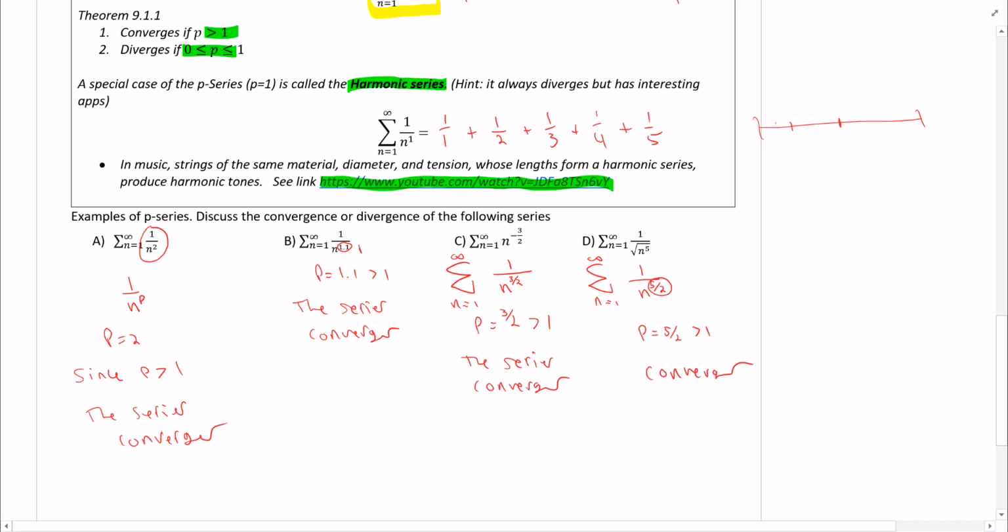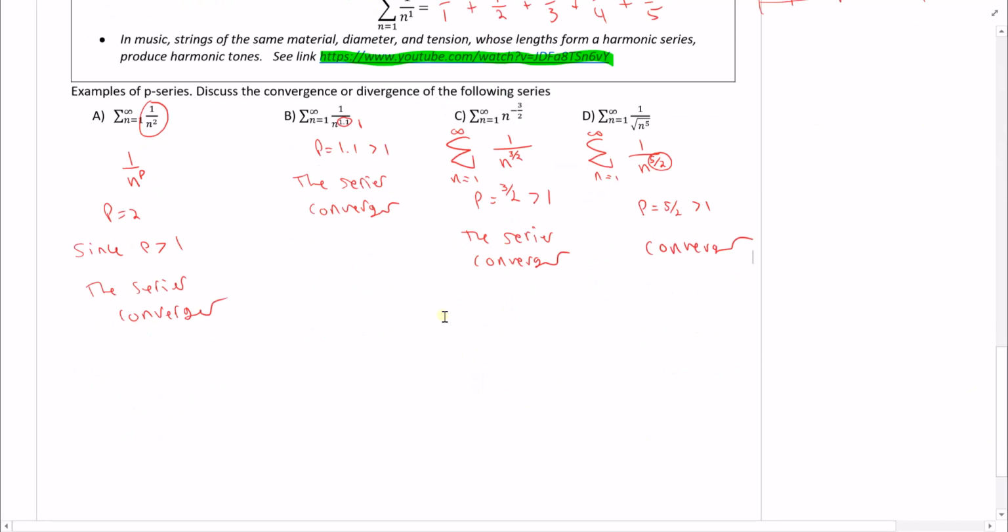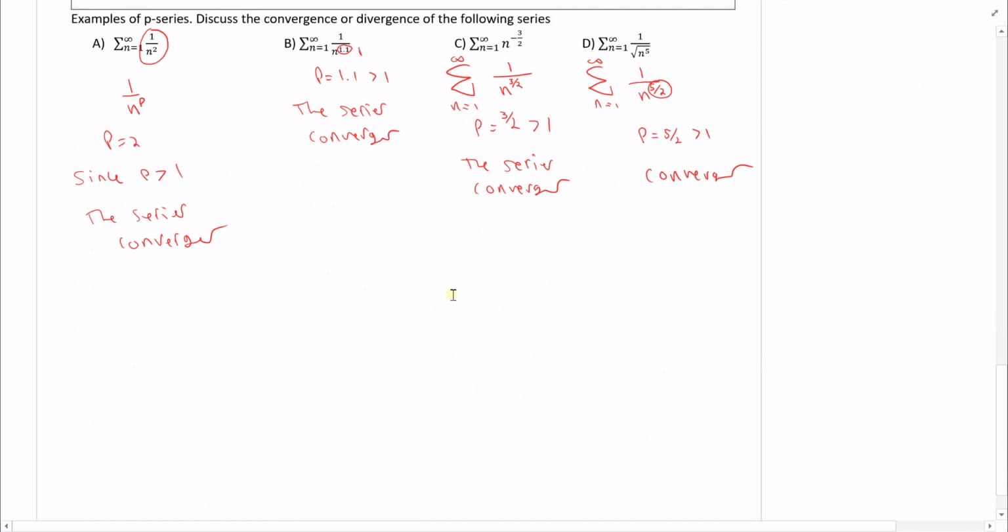Let's look at another one real quick, just to give you an example of one that diverges. Here's a good one in the book here. It looks like this. We're going from n equals 2 to infinity of 1 over n natural log n. And we want to know, does this converge or diverge? So what we need to do first is try to write it as a p-series.